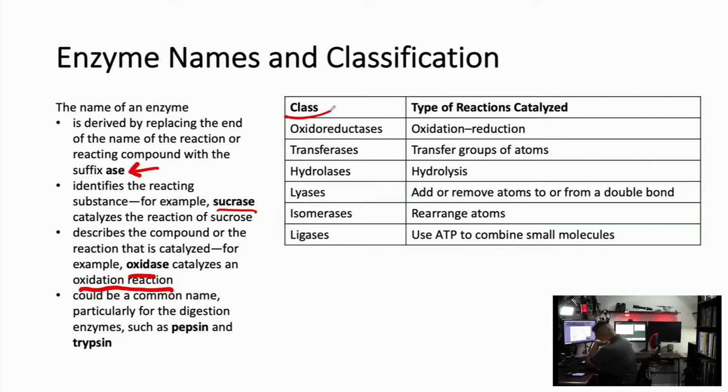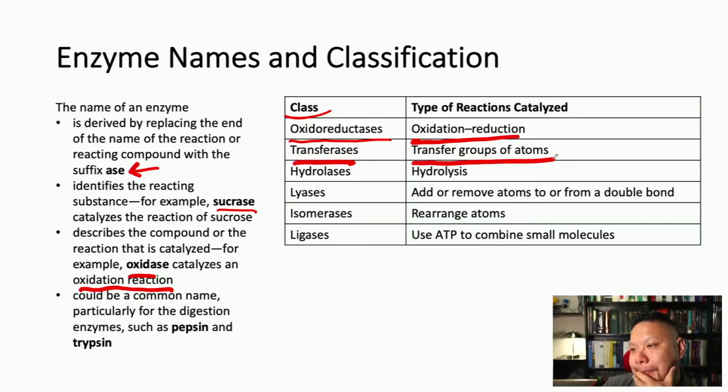The oxidoreductases are the enzymes that do oxidation reduction reactions. Transferases transfer groups of atoms back and forth between different substrates. Hydrolases use water to break bonds. Hydrolysis, right? Hydro meaning water, lysis meaning to break something.